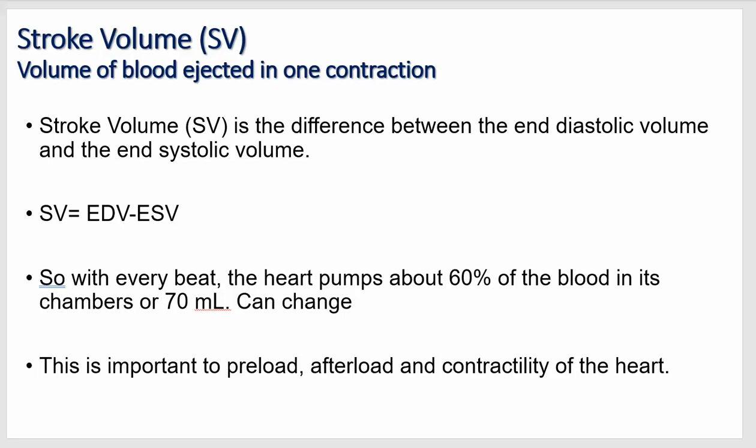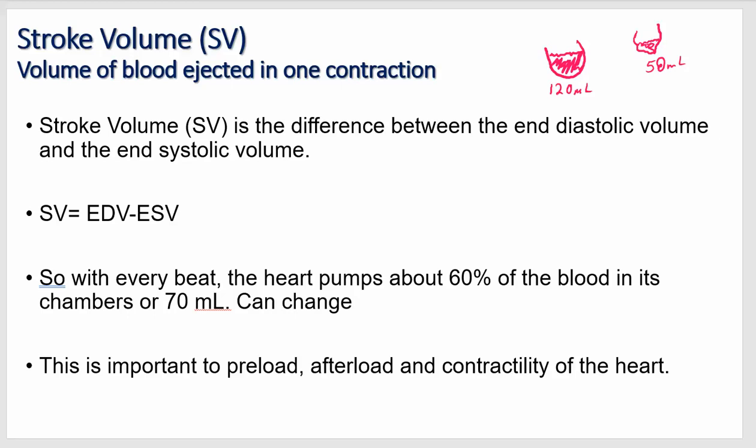So if we have a certain amount of blood, let's draw a ventricle here. Our end diastolic volume, let's say we have this much blood in it, and we're going to say that's 120 milliliters. And then it squeezes. This is a squeezed ventricle, and after it squeezes, it has 50 milliliters of blood.